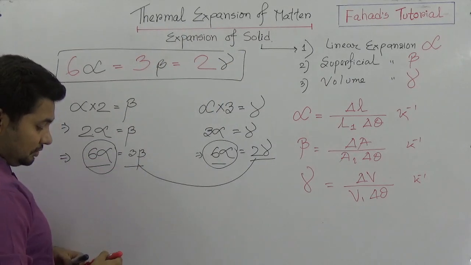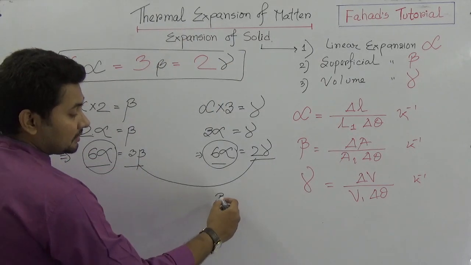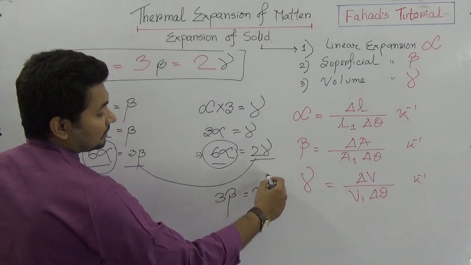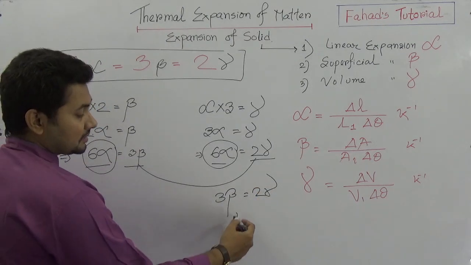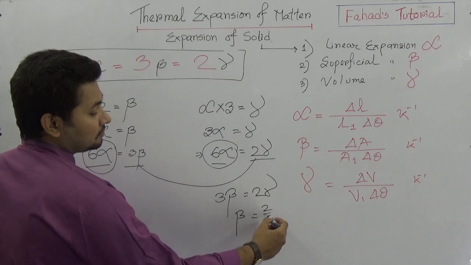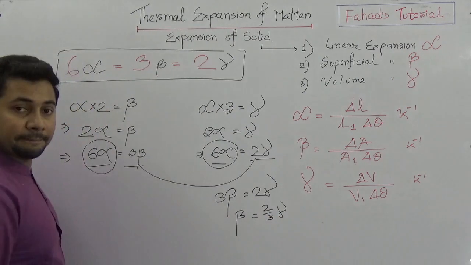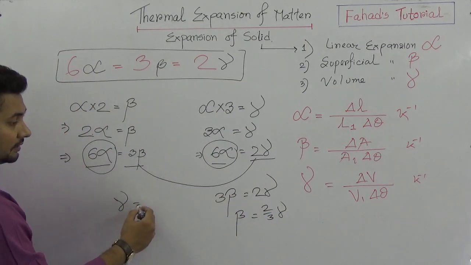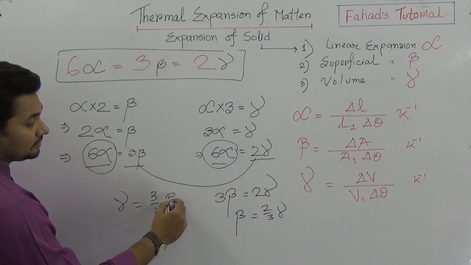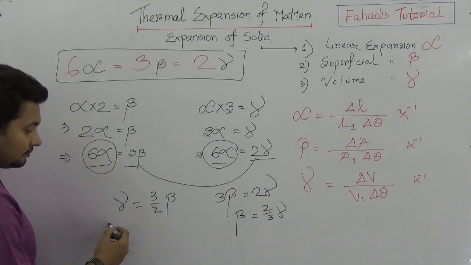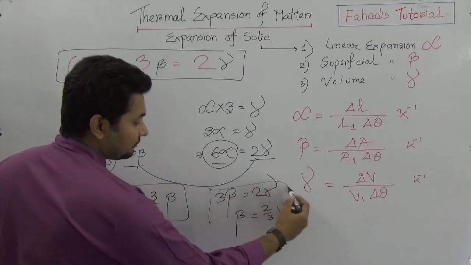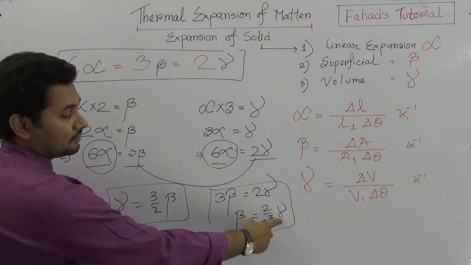At that time you know that 3 beta is 2 gamma. So beta is equal to 2 by 3 gamma. Or even gamma is equal to 3 by 2 beta. So in both cases you can find one instead of the other.